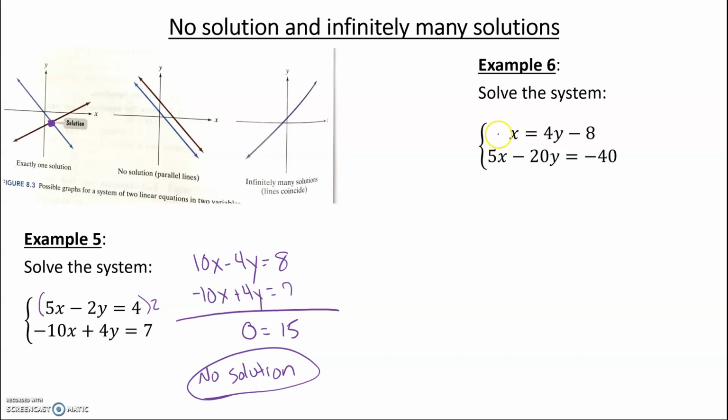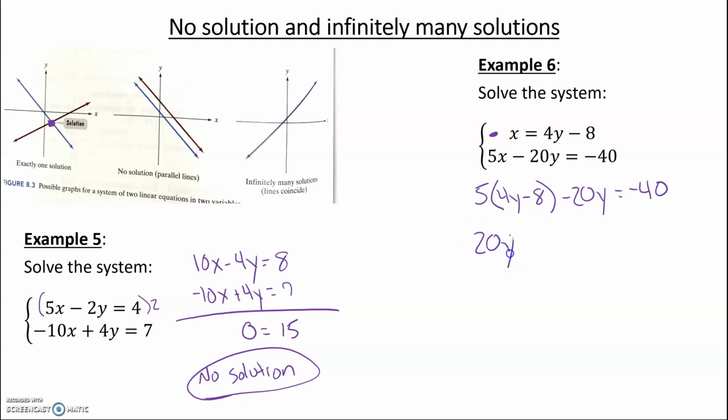Moving on to the next one, I'm going to go ahead and use substitution because this is already x equals. So wherever I see an x, I'm going to plug in 4y minus 8. So we got 5 times (4y minus 8) minus 20y equals negative 40.